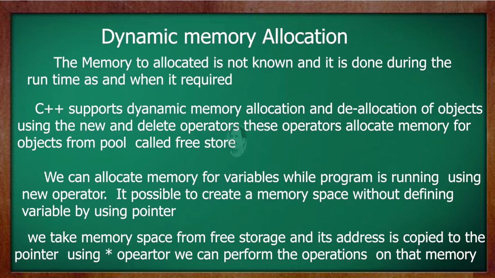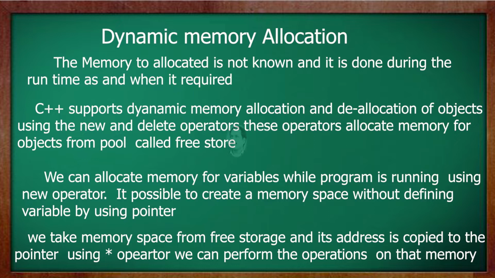To do this, C++ supports dynamic memory allocation and deallocation of objects using the new and delete operators. These operators allocate memory for objects from a pool of memory called the free store. So we can allocate memory for a variable while the program is running using the new operator.